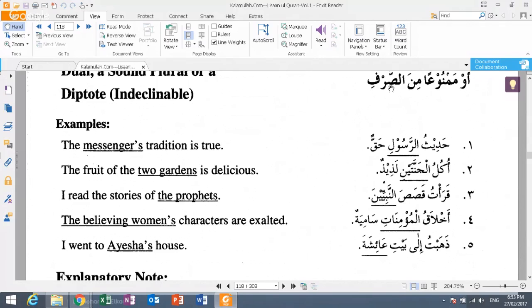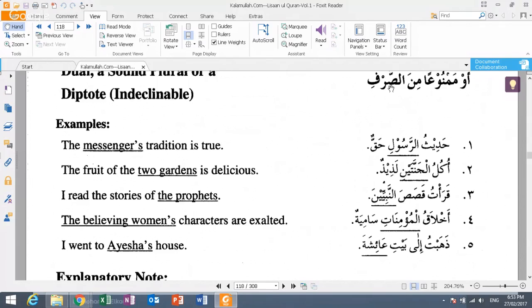See? An Abi Huraira is as well, ta, see? So Huraira is mudaf ilayh. Mudaf ilayh is always majroor. So Abi is mudaf and Huraira is mudaf ilayh. And common sense would be like Abi Huraira with a kasra. No, because this is mana min as-sarf.